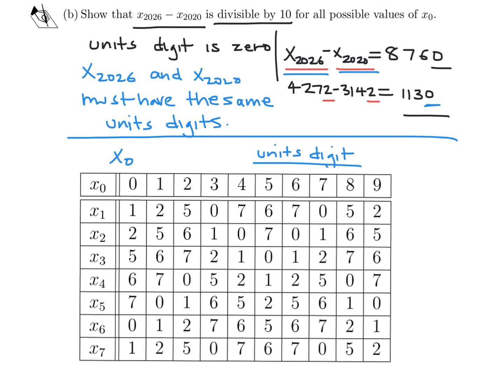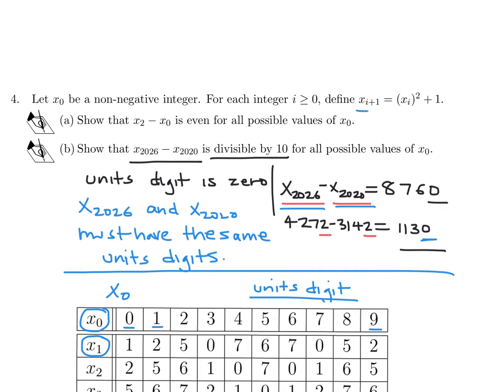All right, so here's this really nice table, and let me explain what's happening here. We have x0 right here, and its units digit could be anywhere from 0 all the way to 9. Then we calculate x1. You remember the formula, it's up there. Let me just write it right here: x1 would be x0 squared plus 1.